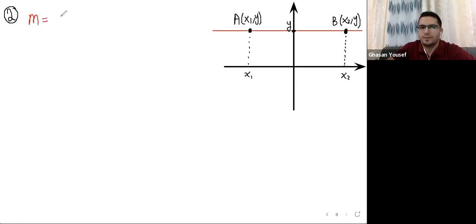What is the slope? It is y2 minus y1 over x2 minus x1. Who will plug into this formula? What is y2? It's y.